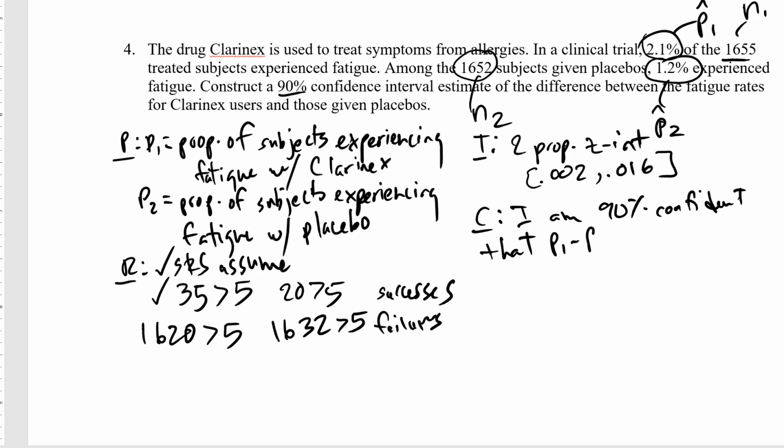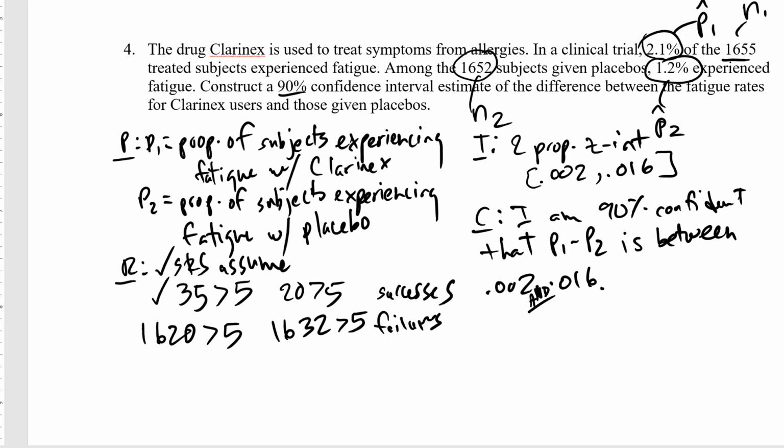The difference in the proportions is between 0.002 and 0.016. So the question is, was there a difference? I should have the word and between those.